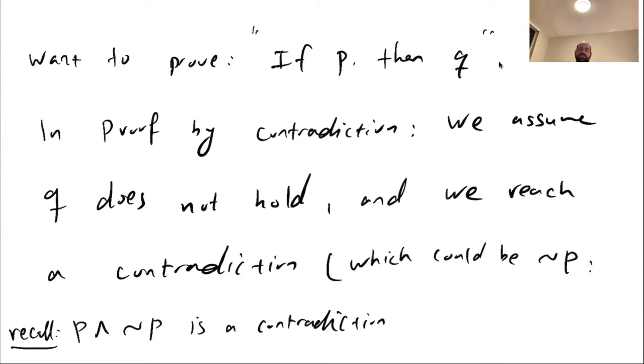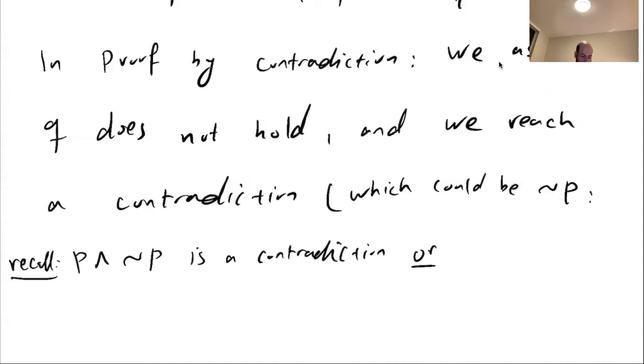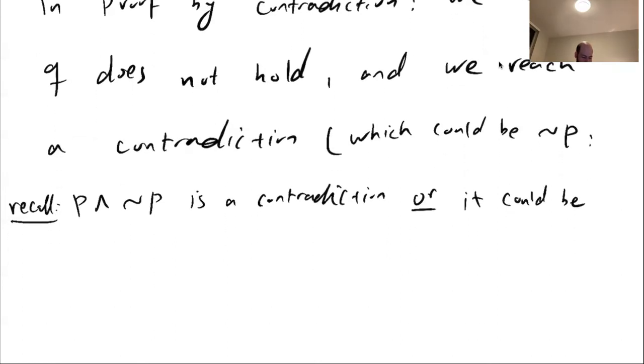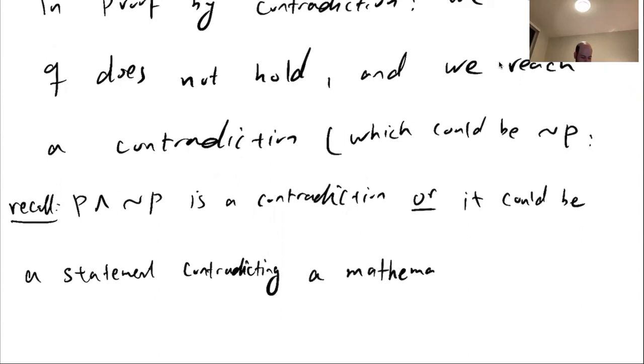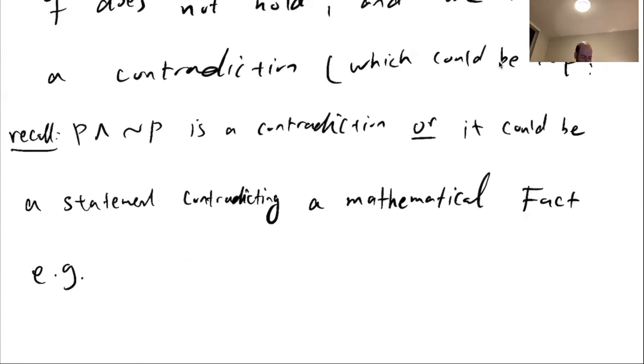So in proof by contradiction, we assume Q does not hold, and then we reach a contradiction, which could be negation P, or it could be a statement contradicting a mathematical fact, for example, 2 equals 0.